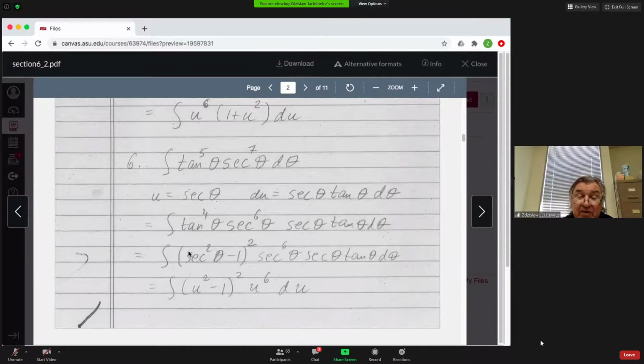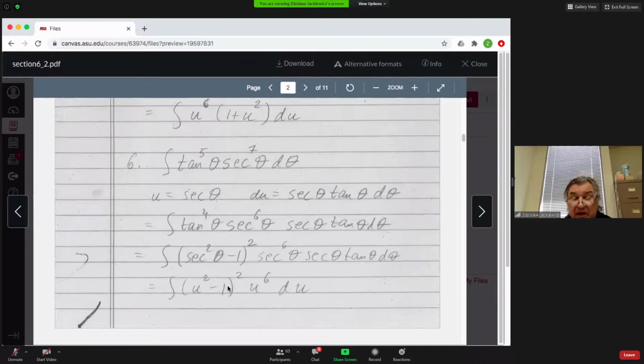Okay, so we wrote this like this, and now, of course, the integral becomes u squared minus 1 squared. Secant was u, so u to the power 6. And secant tangent d theta was du. We were able to reduce this trigonometric integral to the integral of a polynomial function.